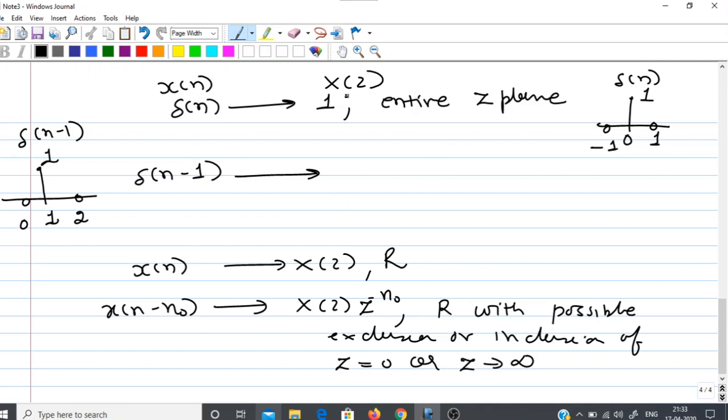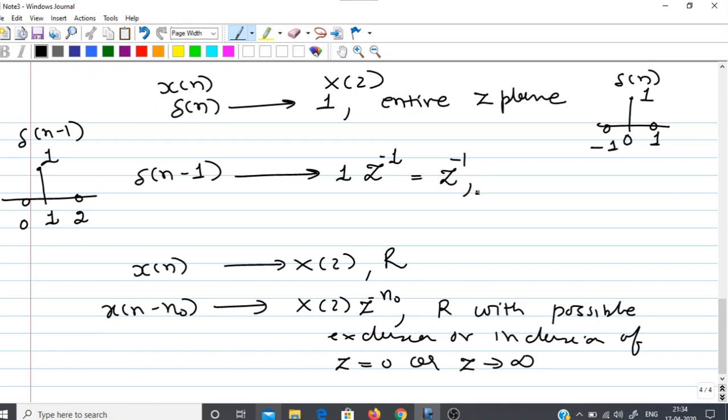So our x z is 1. And what is our n naught? N naught is 1. So x z, 1, multiplied by what? Z to the power minus n naught. And n naught is 1, so we get z inverse. Now, what would be the ROC? Will it be the entire Z plane? No, we can see that this is 1 upon z, and if z becomes 0, this would become infinite.